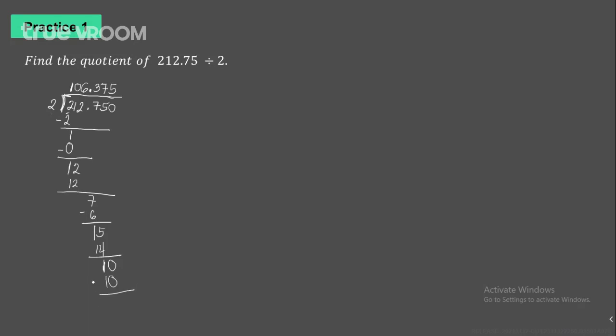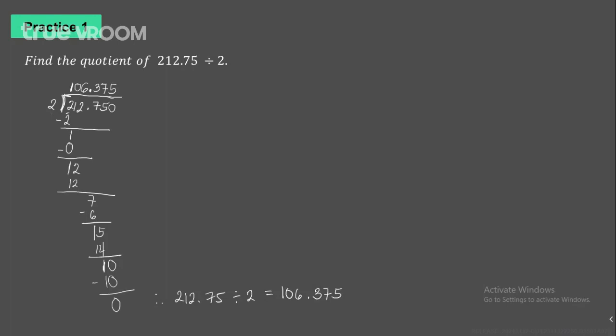All right. So the remainder is now 0, so you will stop. So therefore, 212.75 divided by 2 is equal to 106.375.